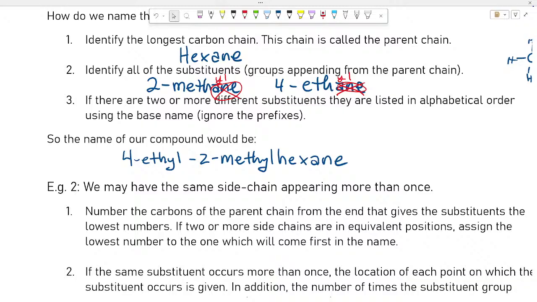So you might have to say it's a 3,5 dimethyl, which means there are 2 methyl groups. One of them's on carbon 3, and one of them's on carbon 5. So when you see a number, that was a great question. I was just about to make that note anyway. Numbers always indicate location on the chain. Location on the primary chain.